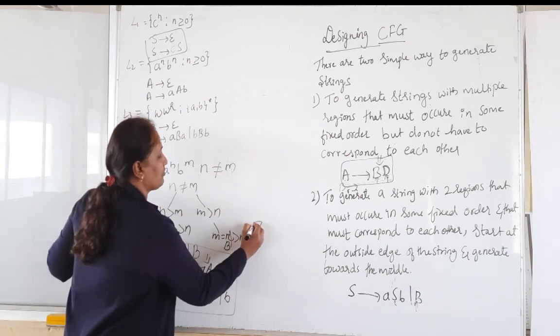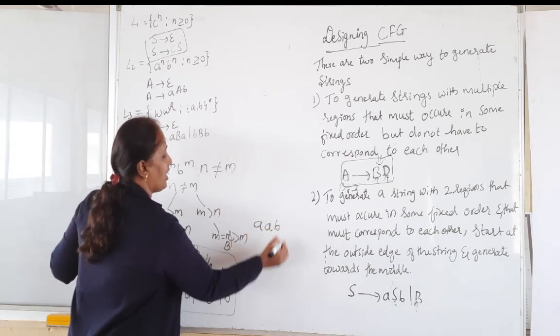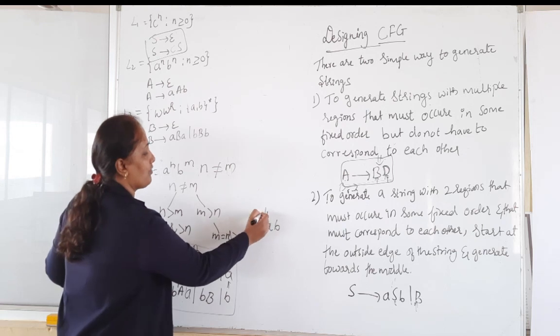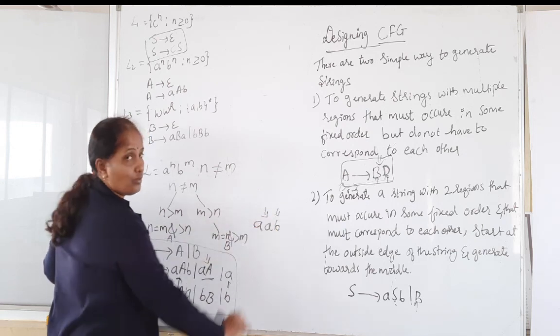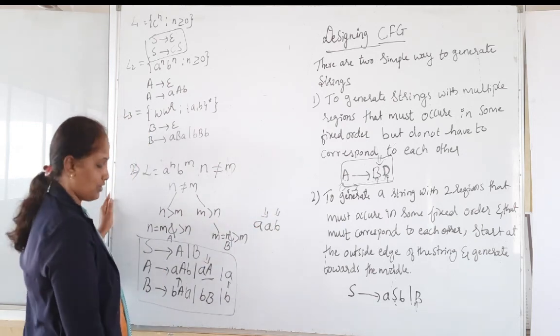We'll take one example. Here the input string is AAB. The occurrence of A is 2 and the occurrence of B is 1. So we'll apply this rule.